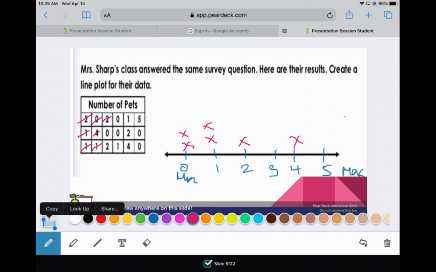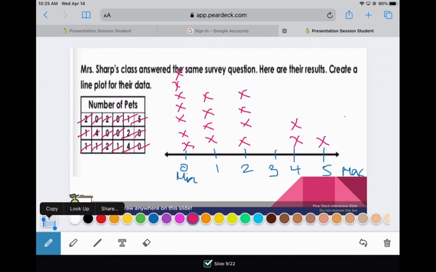There's a 2. There's a 0. There are 2 zeros, so I'm going to make 2 x's. There's 1, make 1 x. There's another 1. There's a 4. There's a 5. There are 2 zeros, so I'm going to make 2 x's.